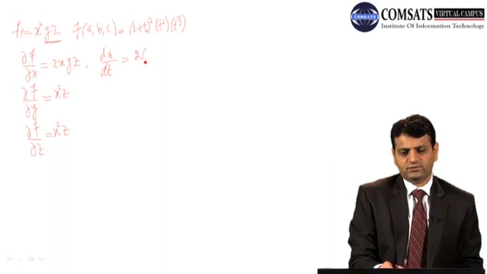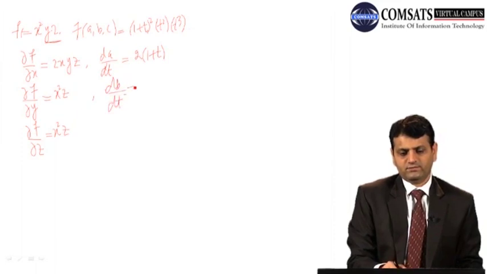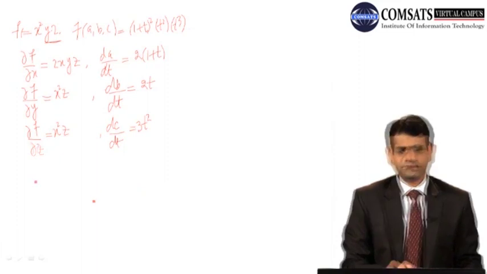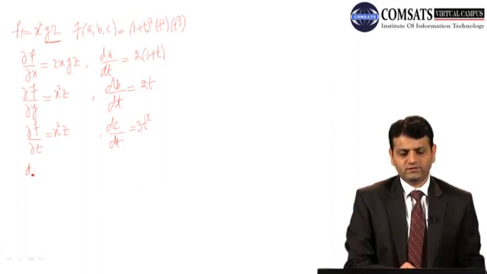It's basically 2 into 1 plus t. What is dB by dt? It's basically 2t. And what is dC by dt? It's basically 3t square.